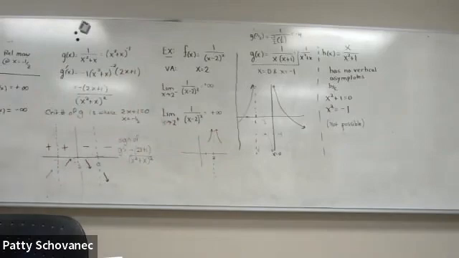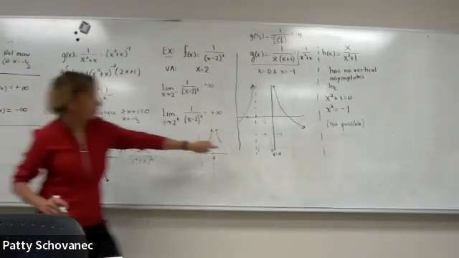Our other asymptote was 0, so let's write the one-sided limits around 0. Limit as x goes to 0 from the left, and the limit as x goes to 0 from the right. What's happening from the left? What are the y values? They're right here, right? They're going down.